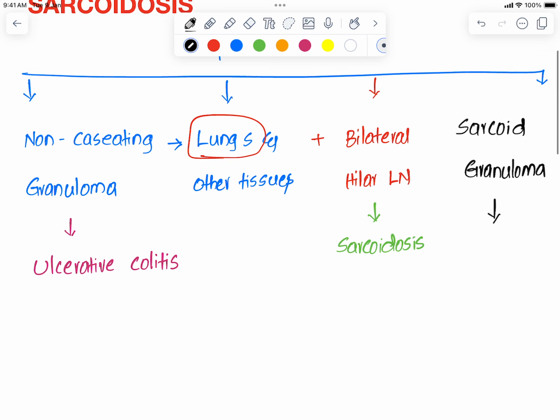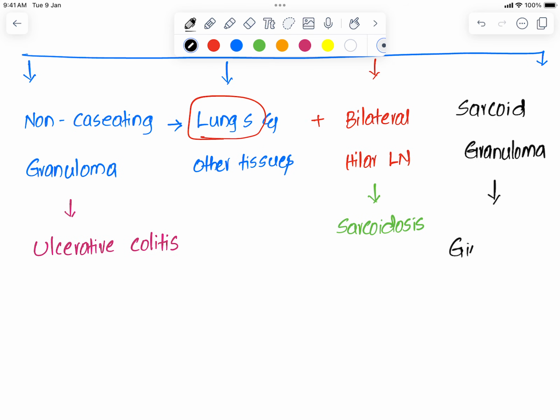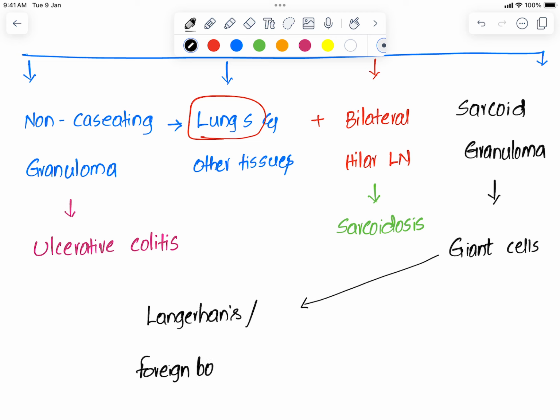It contains giant cells within the granulomas, and these include the Langerhans giant cell or the foreign body variety of giant cell.